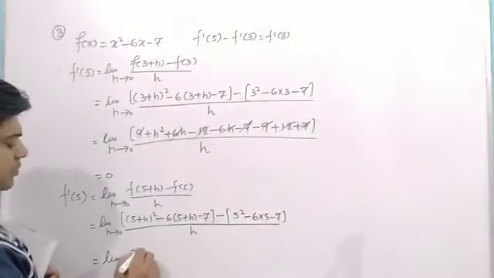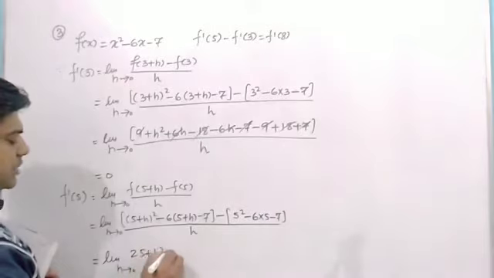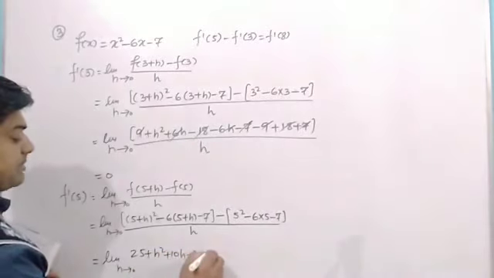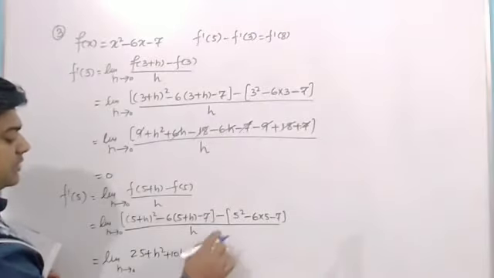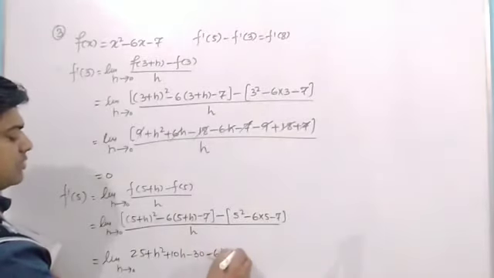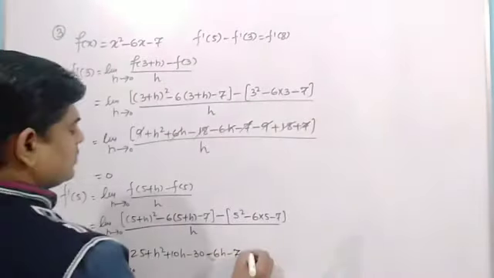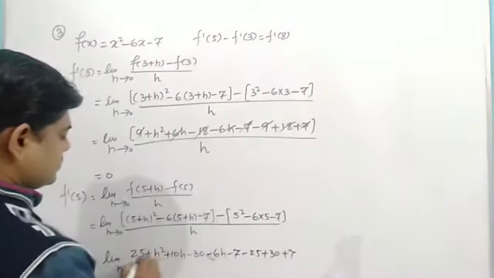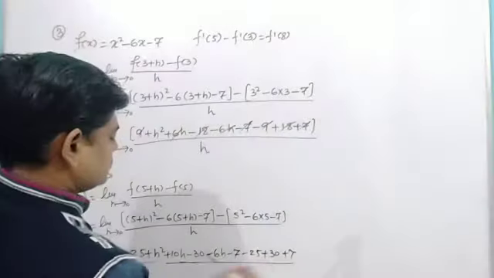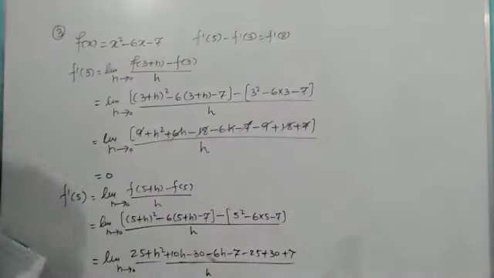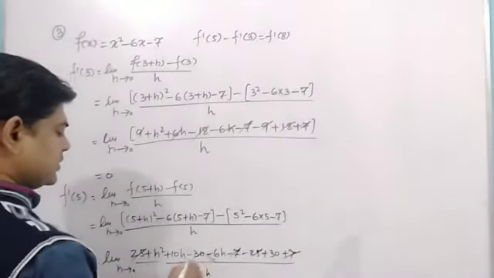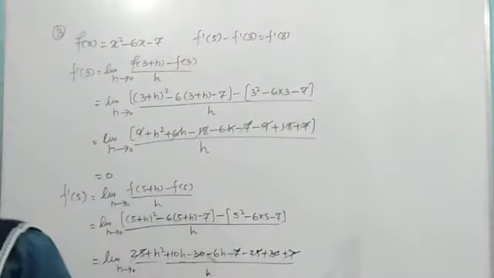You will get limit h tends to 0 of 25 + h² + 10h − 30 − 6h − 7 − 25 + 30 + 7, whole upon h. And you know what will happen? 7, 7 will cancel, 25, 25 will cancel, 30 and 30 will cancel.